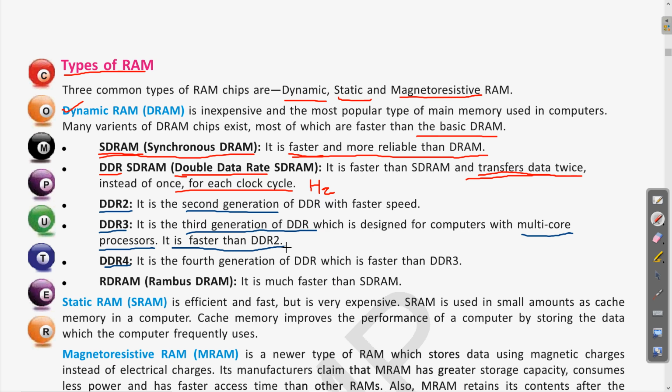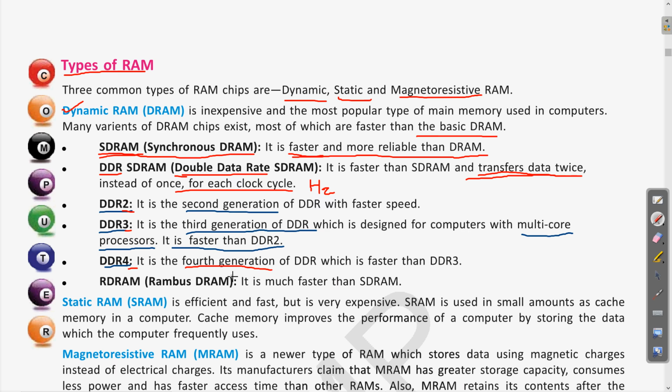Then the next is DDR4. As it is a newer generation, the speed will also be faster than the DDR3. The numbers at the end of DDR2, DDR3, DDR4 denote the generation number: the second, third and fourth generation of the DDR, that is double data rate synchronous dynamic RAM.